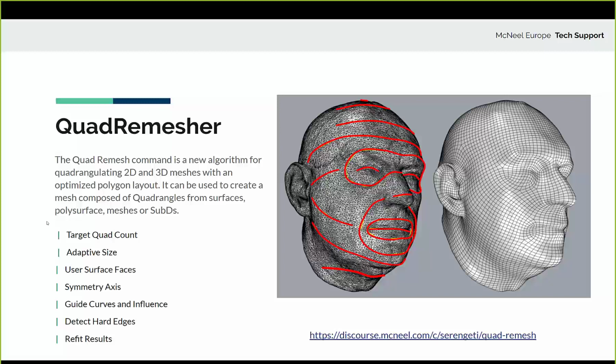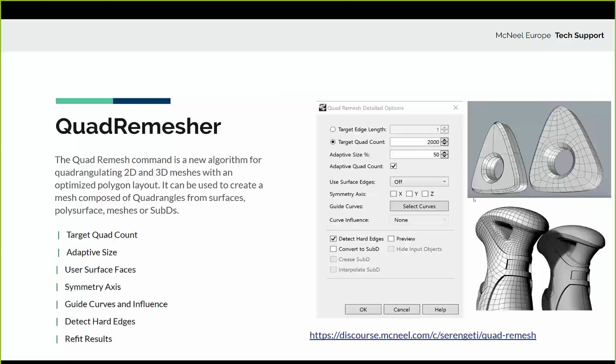They will flow along the surface of the original object and also align with sharp features and edges. As you can see here, this is what a mesh will look like, and after running the QuadRemesh command, you'll see these quadrangles and this cleaner mesh, easier to manage and to edit.